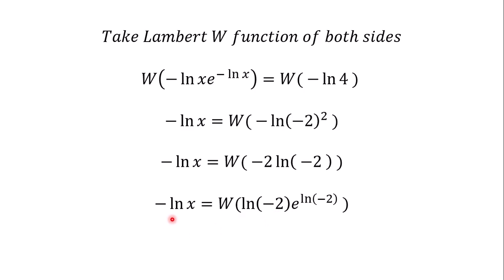Okay, so you're going to get minus natural log of x equal to natural log of minus 2. Good, good, good. You see, we are doing something good, right? Yeah, I'm just going to get the 0.5 as the calculator will tell you.